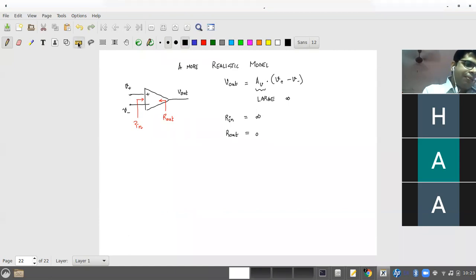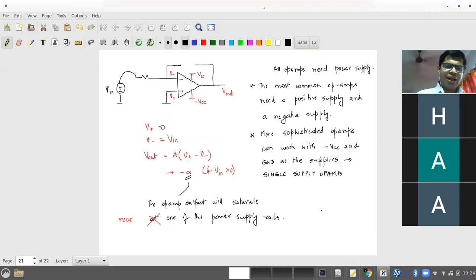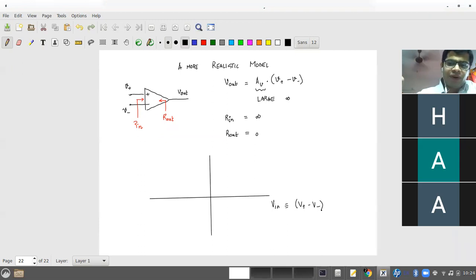So I have, for example, a plot of, on my input side, let me say V in, which is identical to V plus minus V minus. This is not the V in which is there on the previous slide. I'm just going back to a more general definition of the input. Okay, and this is my output.